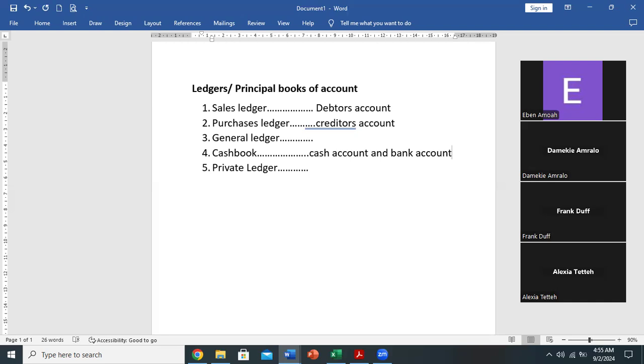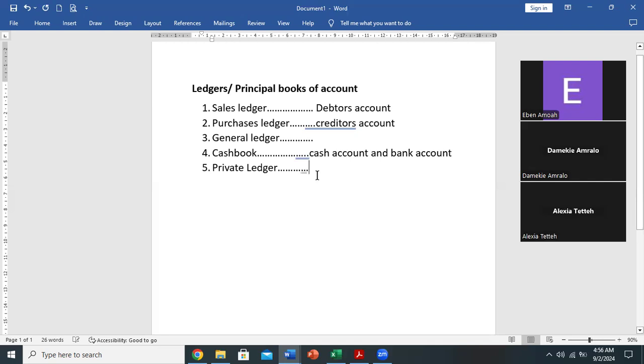Okay, but we fix them together into various forms like this, be it the 2-column or 3-column or single column. But when you open a cash book, you see the cash account and the bank account. The private ledger also has the capital account and drawings account. These are the 2 accounts that the private ledger keeps. Okay, it's recording transactions with the owner.